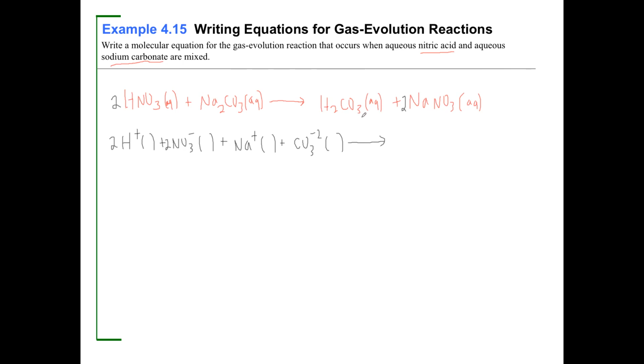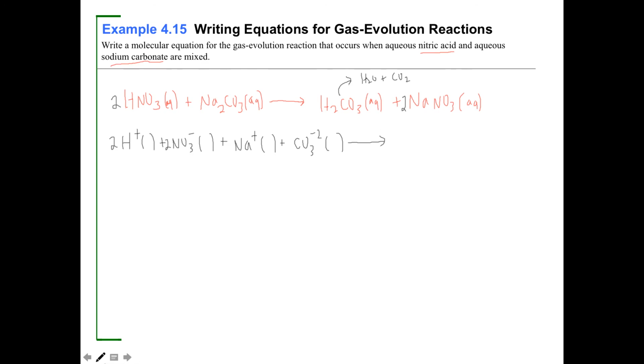We read on page 157 that carbonic acid breaks down to H2O plus CO2. I think I said this in a previous slide also. So H2O plus carbon dioxide comes from carbonic acid. So what's that going to give us here?